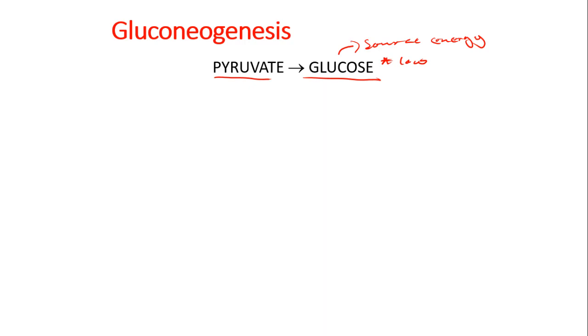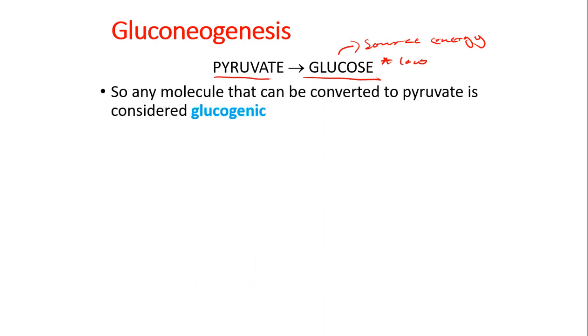Now, there are so many molecules that can be converted to pyruvate, and these molecules are known as glucogenic. Any molecule that can be converted to pyruvate so that we can have glucose is considered to be glucogenic.